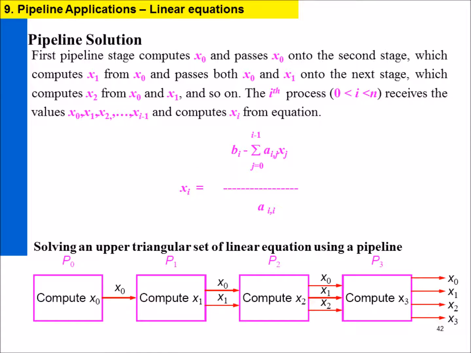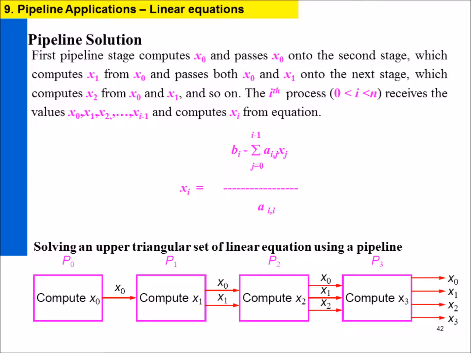The first pipeline stage computes x0 and passes x0 into the second stage, which computes x1 from x0 and passes both x0 and x1 to the next stage, which then computes x2 from x0 and x1 and so on, as shown in this diagram below. Each stage is implemented with one process. There are n processes for n equations. That means p equals n.